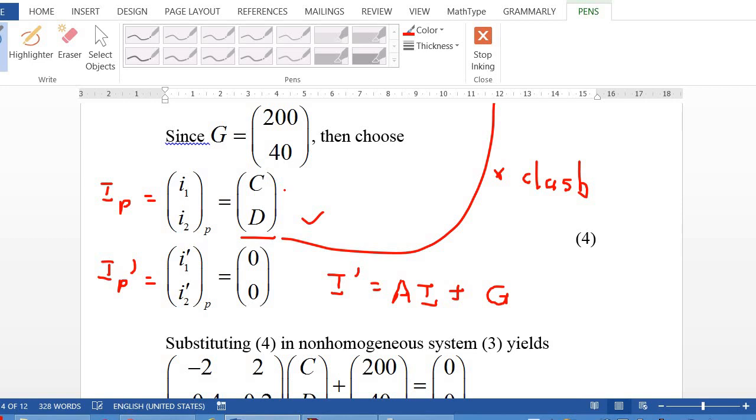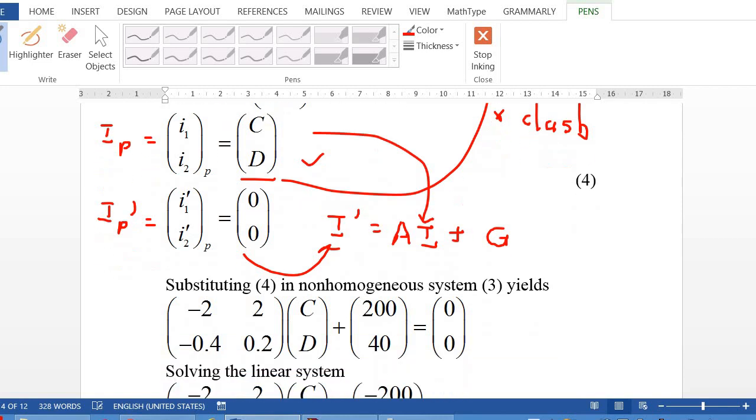When you differentiate the IP, since it is constant, the IP prime will be the zero vector. So you plug the IP prime into I prime, and the IP is given by C and D. So this is AI plus G equal to IP prime. I mean, I reversed: this is A times I plus G equal to I prime.